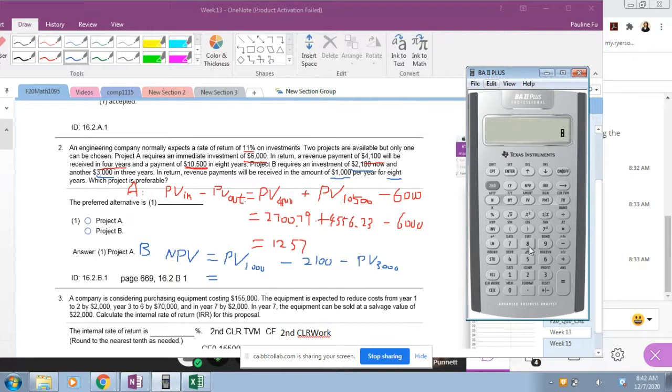It is for 8 years, so 8 is N. 0 is PV or FV. Then compute PV. I'm going to store this number here. I need to use this number later on. And I did better write it down here.